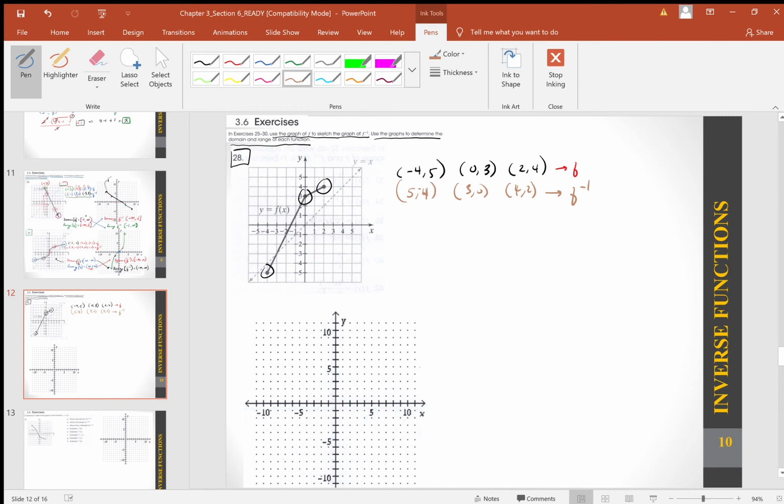Okay, so I can come down here and I can graph this. And when I graph this, it's going to be 5, negative 4, 1, 2, 3, 4. Something like this. 3, 0.